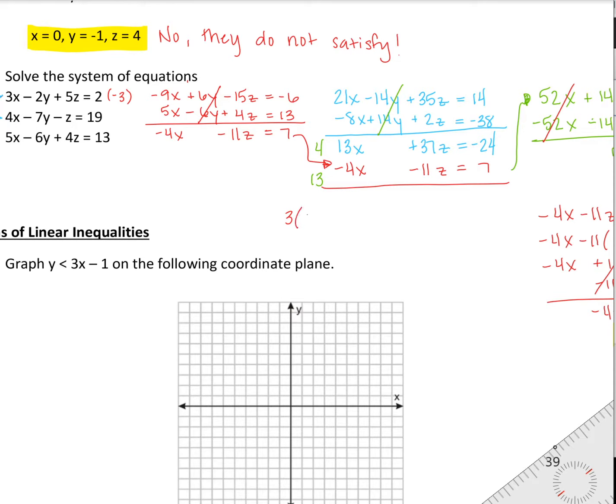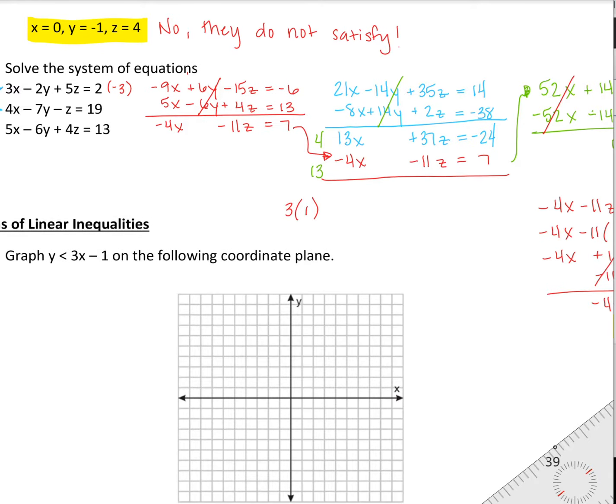I'm going to do 3 times that 1 that I got for x minus 2y plus 5, and instead of z, I'm going to put a -1, and it equals 2. 3 minus 5 becomes -2y minus 2 when I combine like terms. Add 2, this becomes -2y equals 4, so y must be -2.